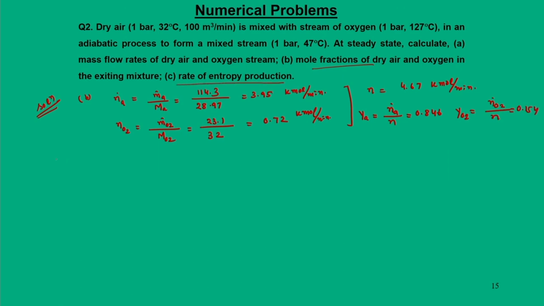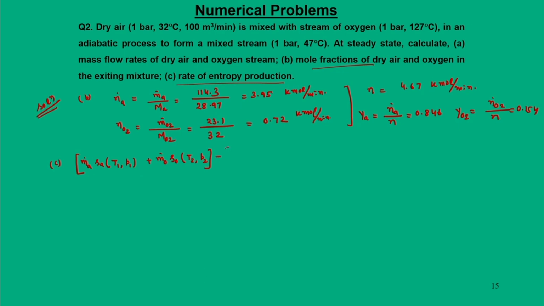The last part is entropy production. The entropy production equation is written through the control volume equation, and we have to write it clearly. For air, m dot A SA at temperature T1, P1, plus m dot oxygen, and oxygen is at temperature T2, P2, this is the initial state.